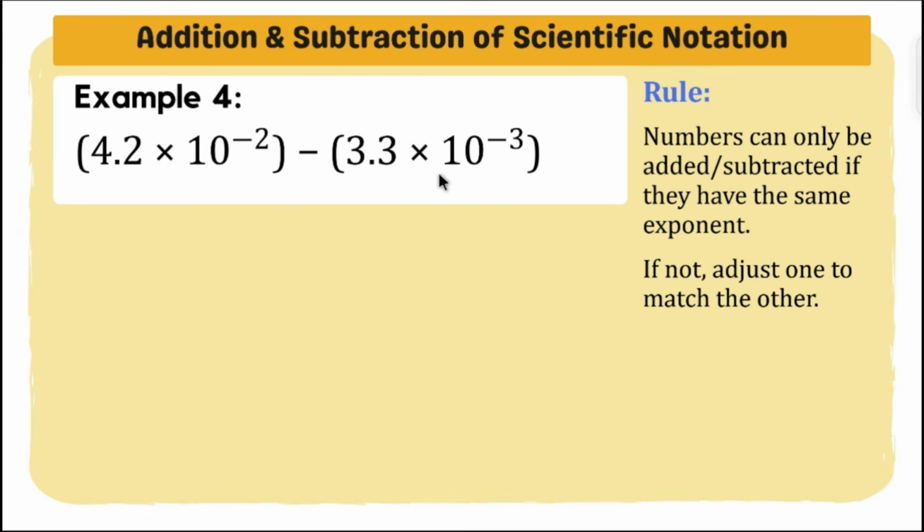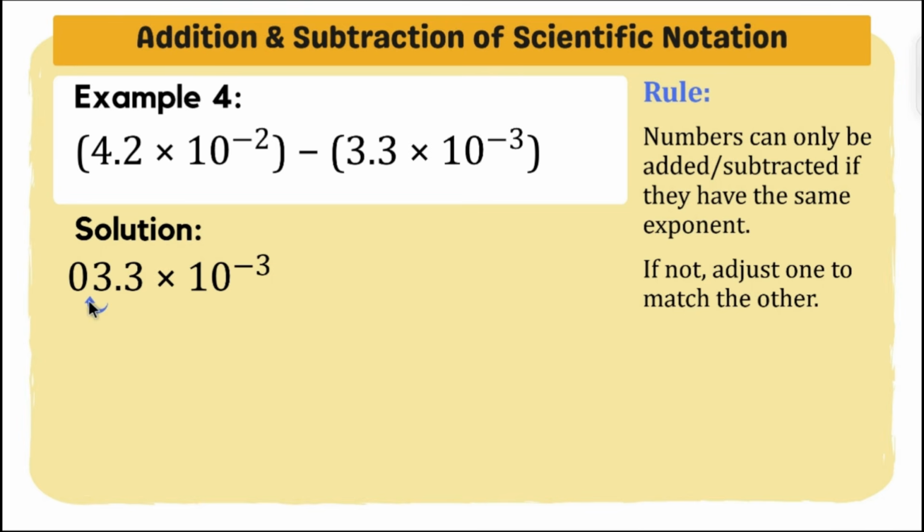Okay? So ito po ang mag-a-adjust. 3.3 times 10 raised to negative 3. So gagawin nating negative 2 itong ating exponent by moving the decimal point. Are we going to move it to the left or to the right? Yes, we are going to move it to the left side. Kasi po, magdadagdag tayo. So, madadagdagan si negative 3 ng 1 para maging negative 2 siya.